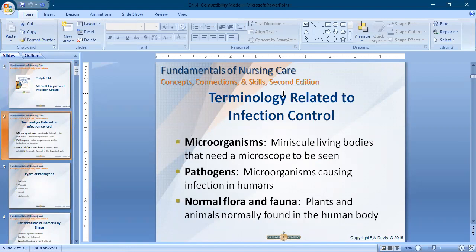Maybe a question comes to your mind: what is meant by standard precautions that we should follow for infection control, right?